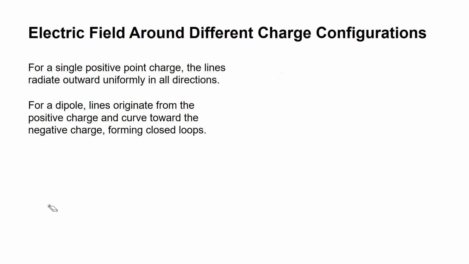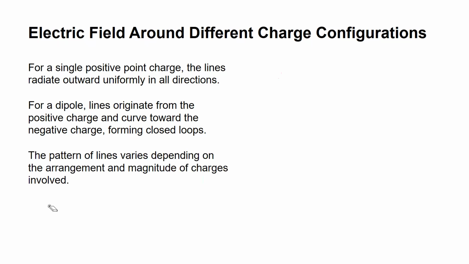And then for a dipole, lines originate from the positive charge and curve toward the negative charge, forming closed loops.